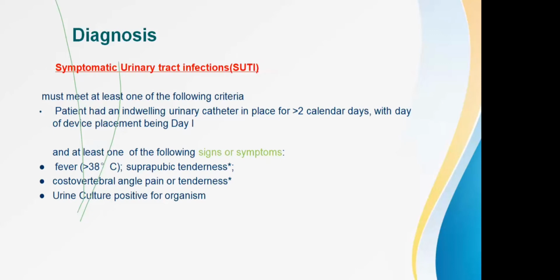The catheter is in place for more than 48 hours, taking the insertion day as day 1, and at least one of the signs of sepsis, that is either fever with suprapubic tenderness, or costovertebral angle tenderness or pain, or the urine culture has to be positive with an organism with significant bacteriuria. These are the criteria for symptomatic urinary tract infections.